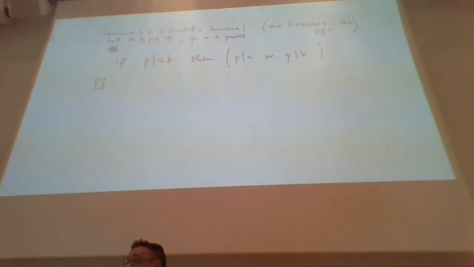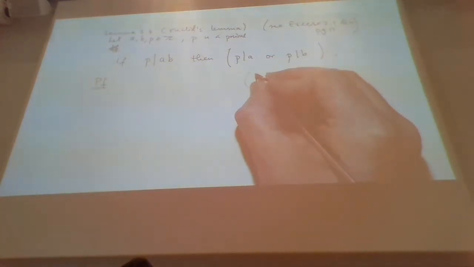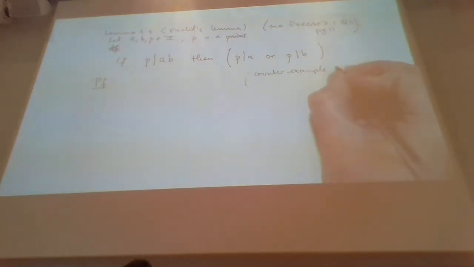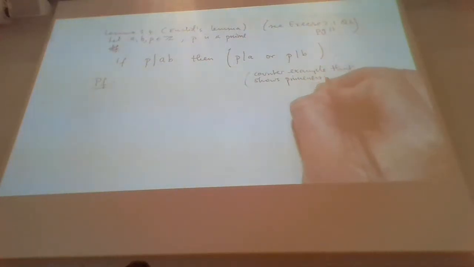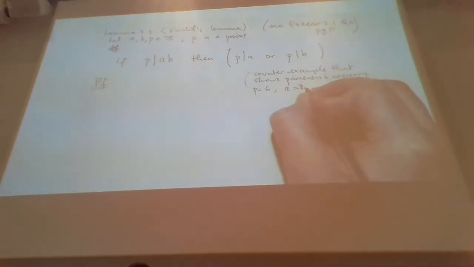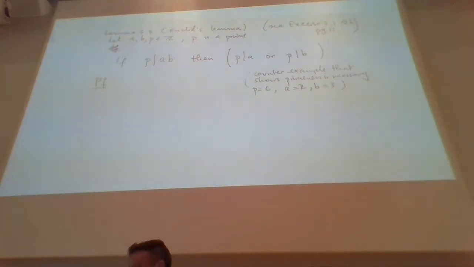Say p was 6 and a was 2 and b was 3. A counterexample that shows primeness is necessary. Yeah, that's good. p equals 6, and a is 2, and b is 3. So the product a times b is 6. 6 does divide the 6, but 6 does not divide 2. It does not divide the 3.